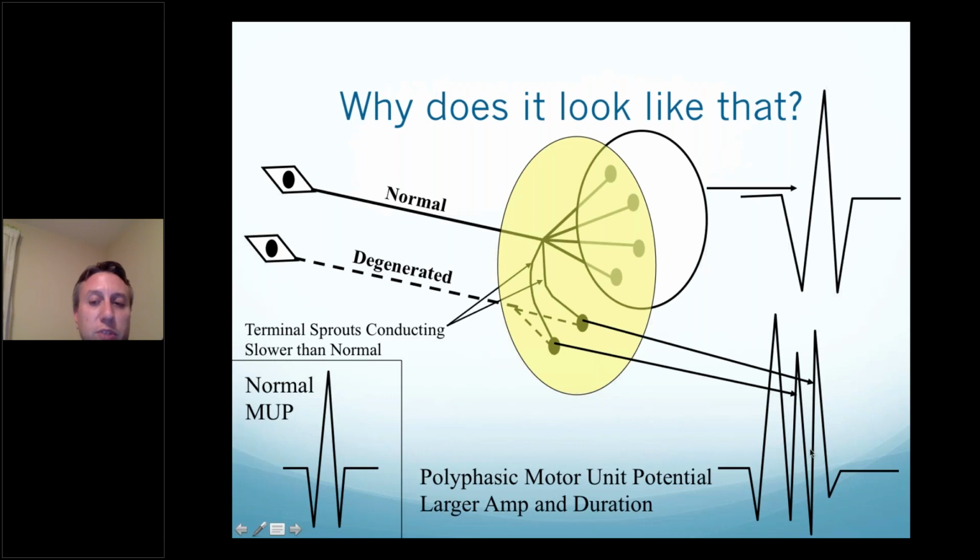Because it's serrated, and as far as how they fire, we get a longer duration as well. So that's a little bit about the physiology of why the polyphasic waveforms look like that: the myelin growing around them is immature, so it looks like it's many phases. That's the explanation of why they look polyphasic.